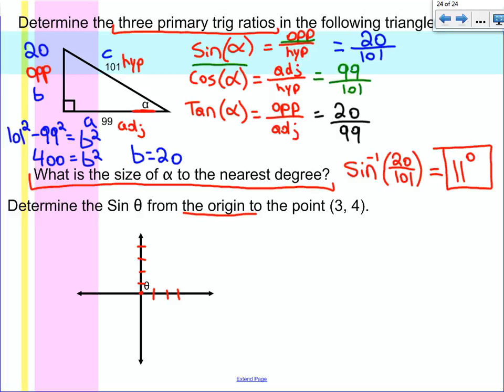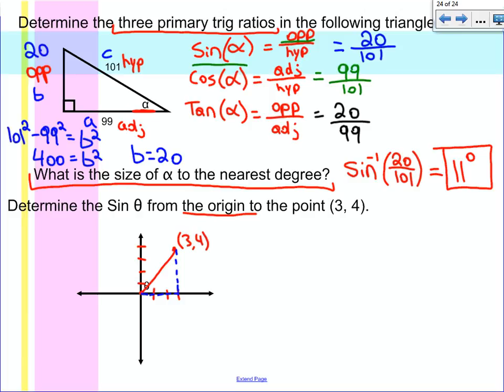It's pretty hard to do trig if you don't have a triangle. And if you remember from our previous question, to draw our triangle, we went straight down from our point and then straight across from our point. We know what those side lengths are. Those side lengths are 3 and 4, because that's how we ended up getting to that point. We went 3 to the right and then 4 up.